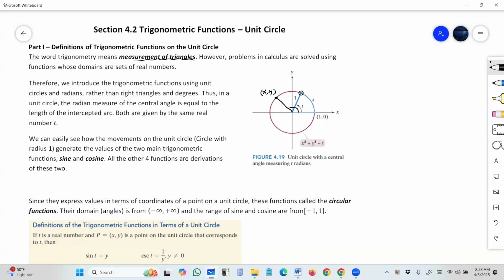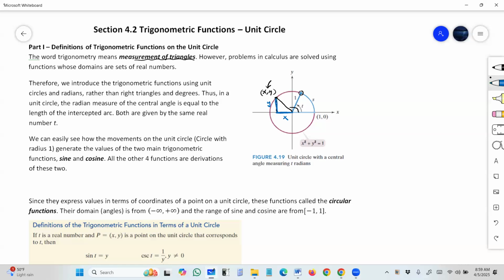This is the angle. This is the point where this object is located right now. Now, the X coordinate is this length right here, this blue line. The Y coordinate is this length right here.